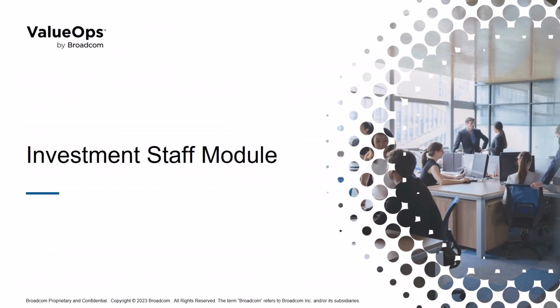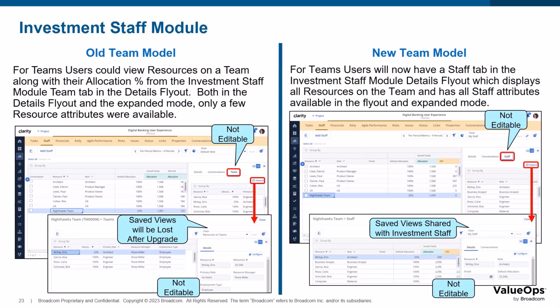Now, we'll take a look at changes made in the Investment Staff module for this transition. To understand the changes made to the Investment Staff module, we'll take a look at an example for a regular project, Digital Banking User Experience, which has resources and roles staffed as well as the Nighthawks team, which we'll focus on.